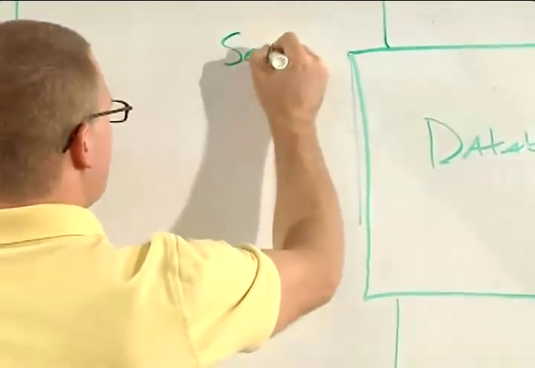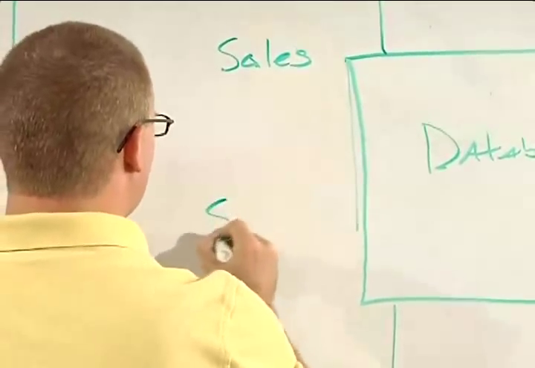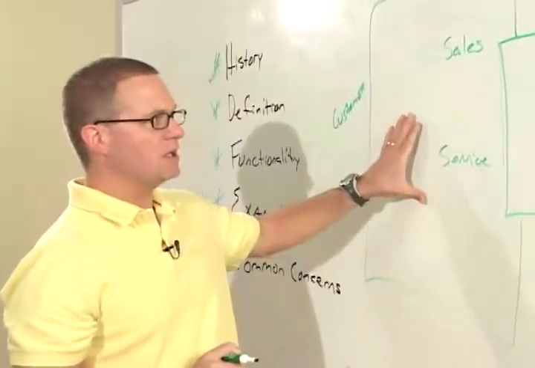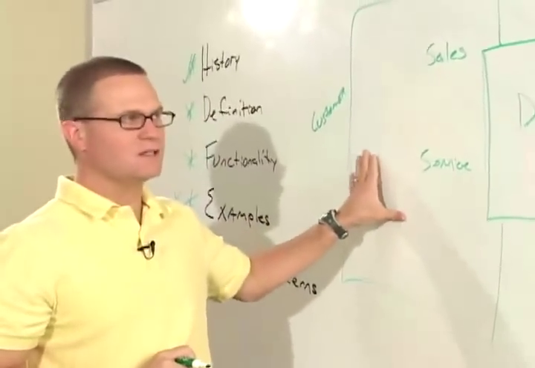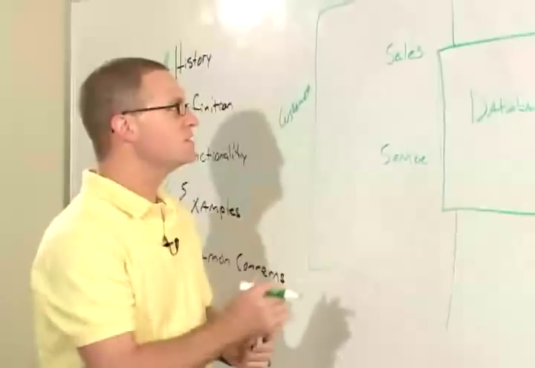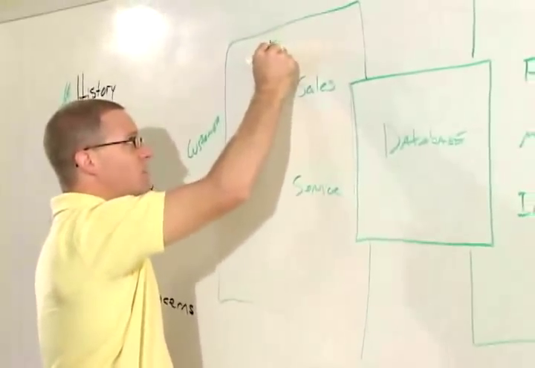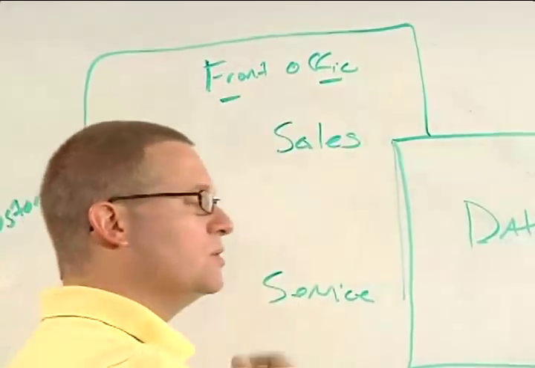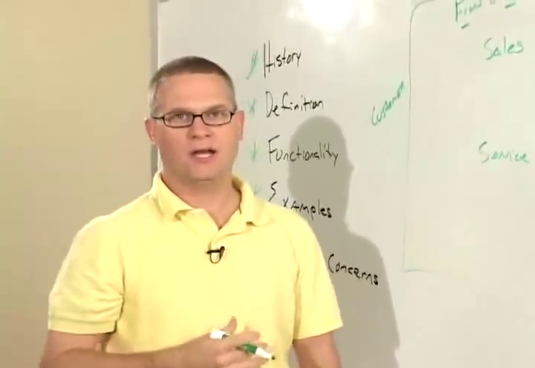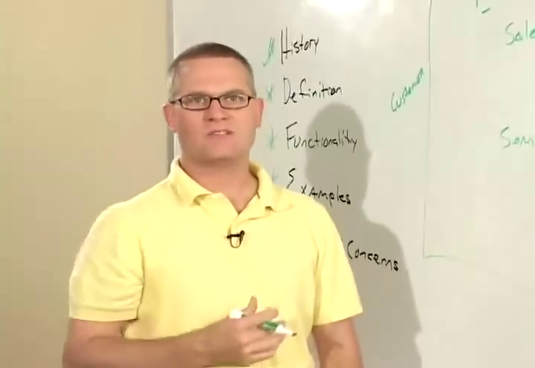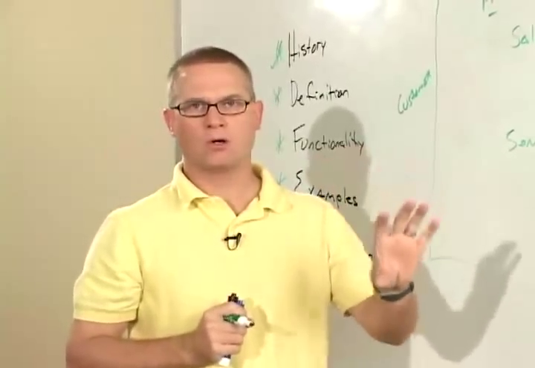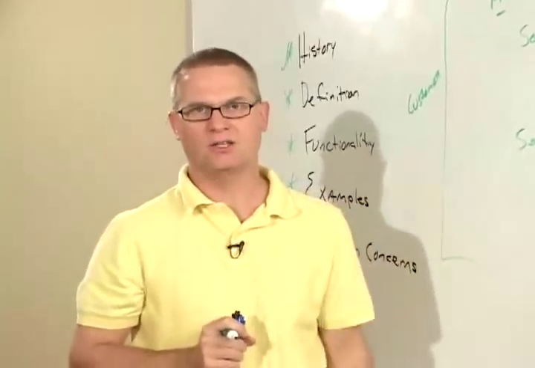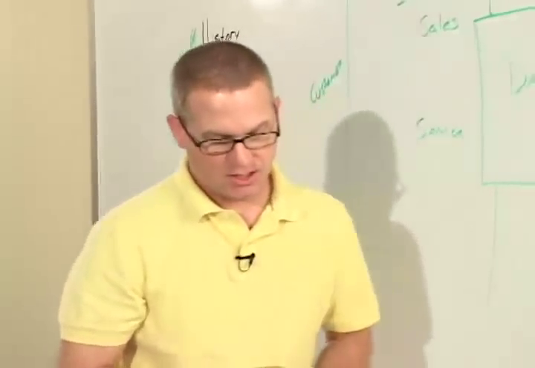So if I have sales here and I have service here, the key element on this side of an ERP system is that we're now forward facing. Instead of being back office, you can think of this as front office. This is what customers see. This is what you would see when you log on to the internet. If you log on to Amazon.com, that customer portal is part of their CRM system that allows their customer access into their system itself.